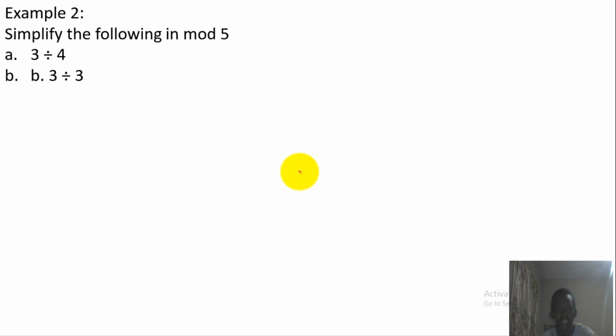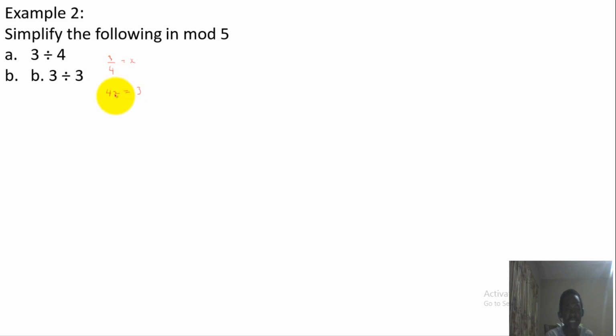Okay, then with this we should be able to do this. 4 divided by a mod 5, therefore it should be 3 over 4. Let's say equals what? X. Automatically I'm going to have 4x equals what? 3.